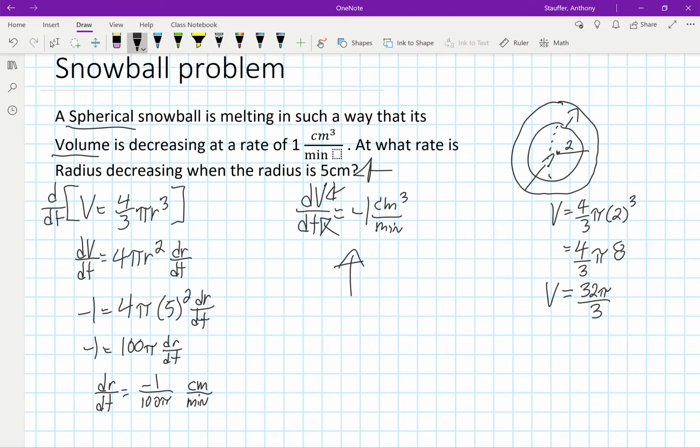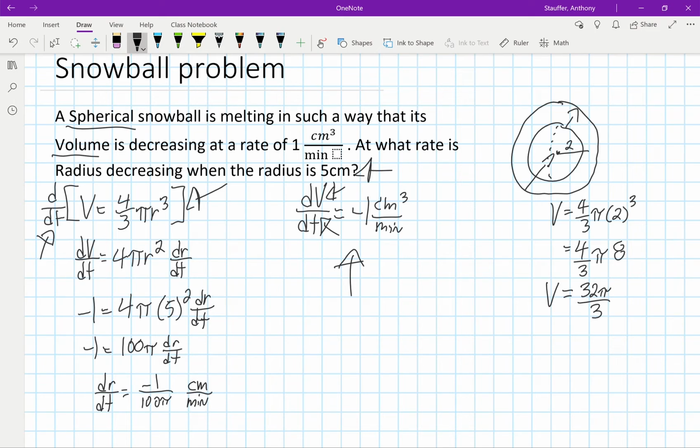So, summing up what we've done. I had my snowball question and I know that my snowball is melting. The first thing I did was define the formula for the volume of a sphere: volume equals 4 over 3 pi r cubed. I then took the derivative of this with respect to time.